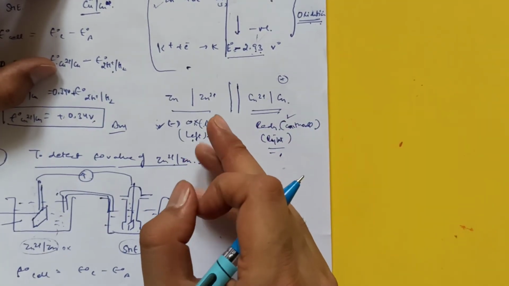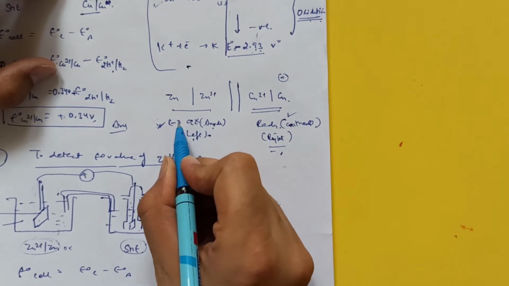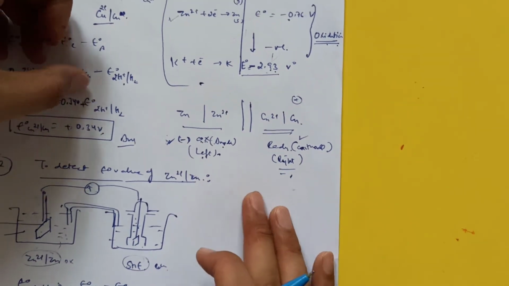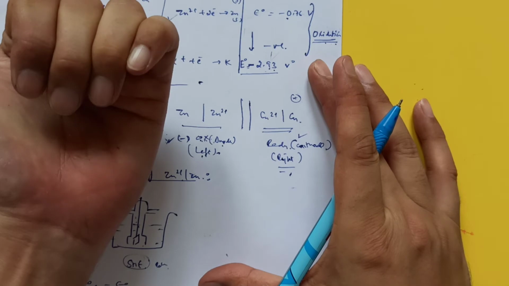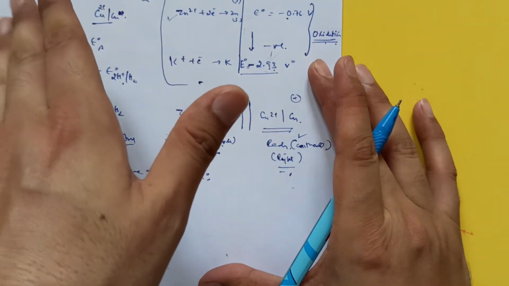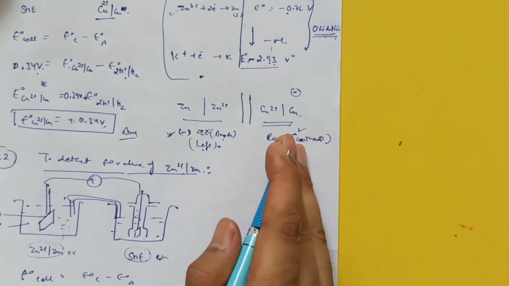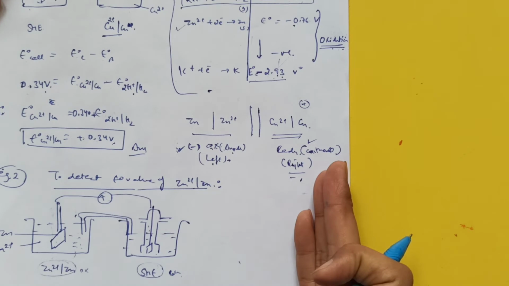I'm just telling you on the left side oxidation takes place, and oxidation takes place at anode, and the sign of the electrode here is negative. To remember, you can make your hands like this: O for oxidation, A for anode, and this for negative, and I have taken the left hand, so this is on the left side. So reverse happens on the right side. Like this, you can remember which side to write oxidation, which side to write reduction.